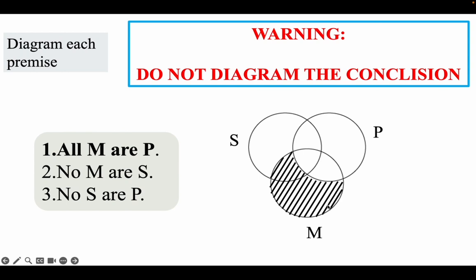And by shading logical area 1, which is this one, you diagram exactly that, all M are P.